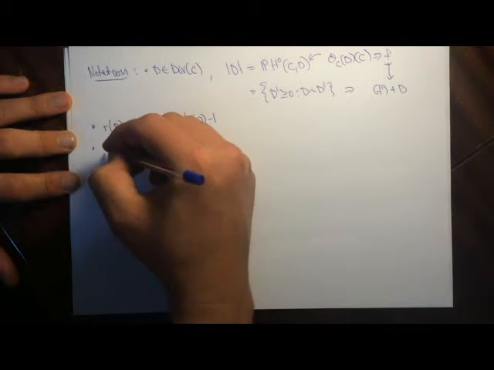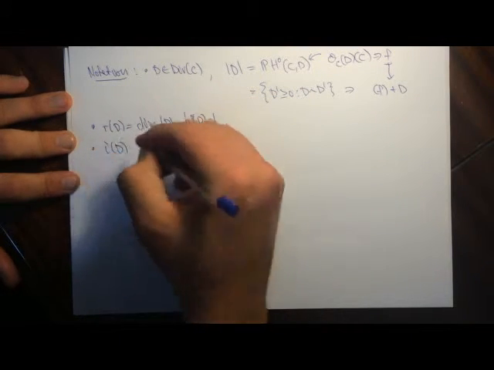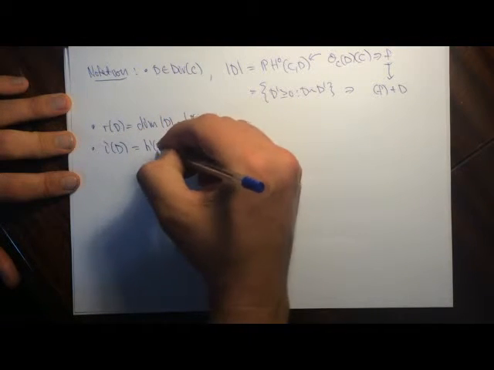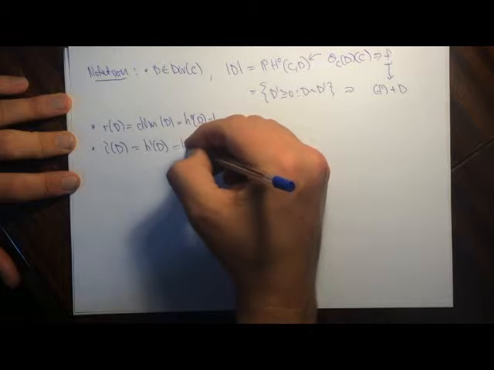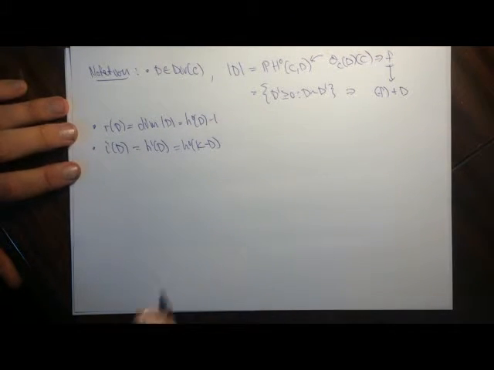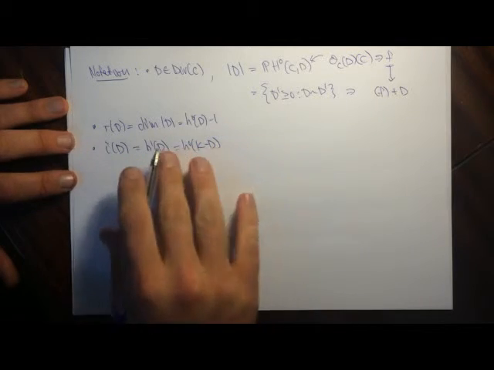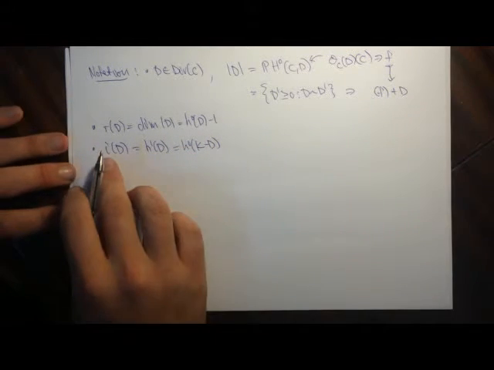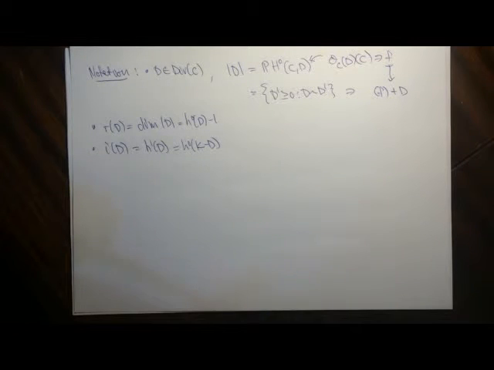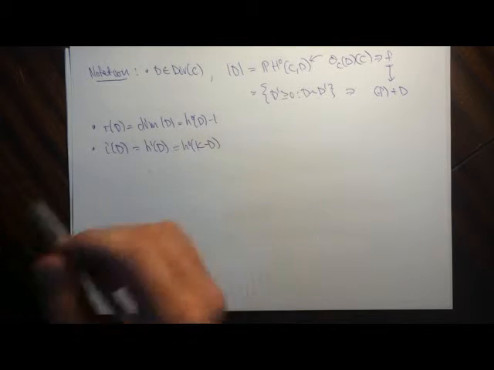And I_D is the index of speciality, and this is H0 of K minus D, like so. This is just the index of speciality. You can see the video on Clifford's theorem. This explains this a little bit.